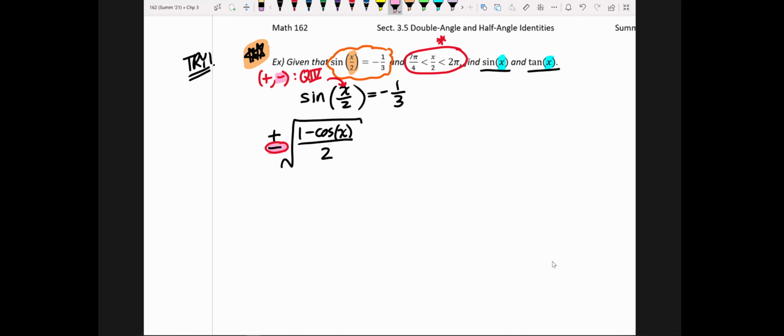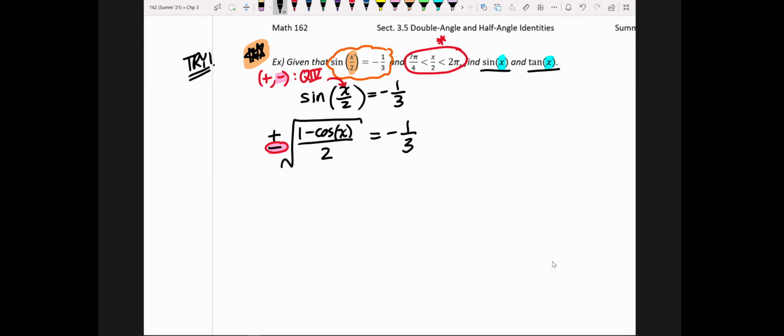Sine evaluated at an angle in quadrant 4 will be negative. So when we substitute in our half angle identity, we choose the negative. And we can see here, sine of x over 2 is negative 1/3.